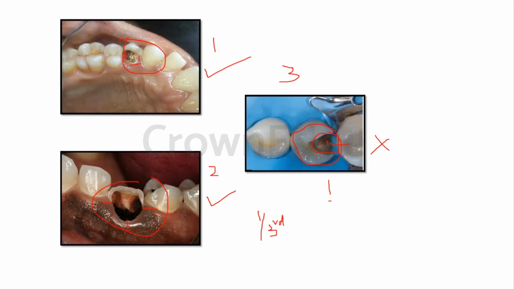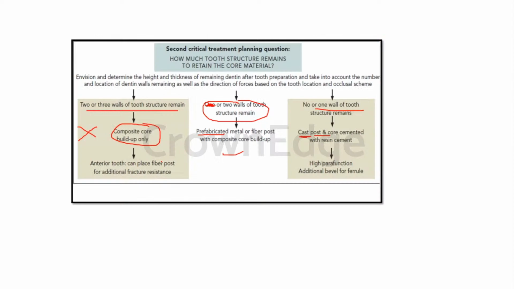Okay, so that is how we are going to deal with the amount of structure remaining and what treatment is required. This requires a GIC or composite buildup. This requires a prefabricated post. This requires a cast post and core. Okay, this is what has been spoken about in this particular slide. This is a basic guide for you to decide the type of post core that is required.